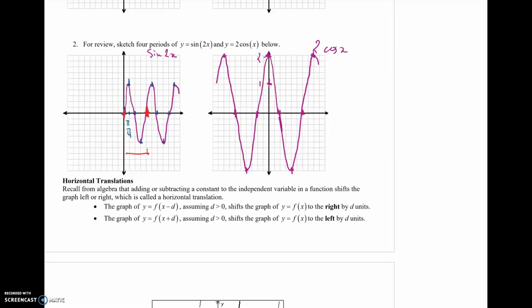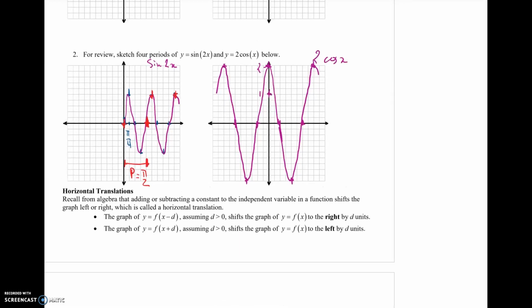That is the period right here, and this is the period equal to pi over 2. I can easily see the period right here, and I will end up with exactly the same thing: the period equals pi over 2.